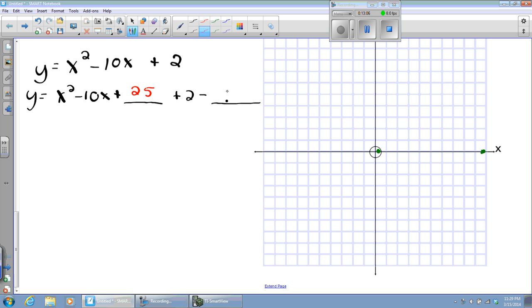So we need a minus 25 there. I can complete the square on the first part and do the perfect square trinomial, x minus 5 quantity squared minus 23. Hey, what makes this 0? When x is 5. What number is that? A negative 23, and there you go.